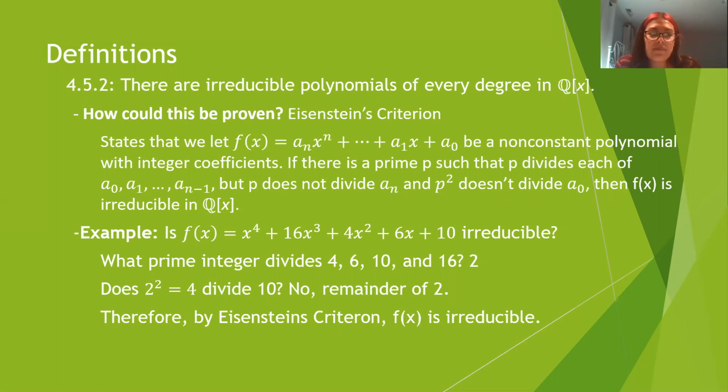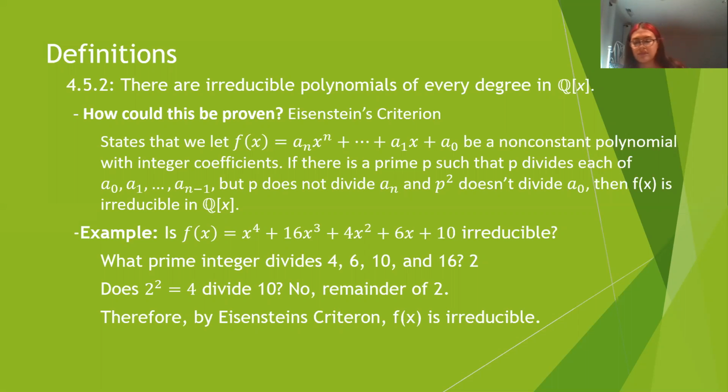And this states that if we let f of x equal a sub n x to the n, added up until a sub 1 x plus a sub 0, be a non-constant polynomial with integer coefficients, if there is a prime p such that p divides each of a sub 0, a sub 1, up until a sub n minus 1, but p doesn't divide a sub n, and p squared doesn't divide a sub 0, then f of x is irreducible in Q of x.